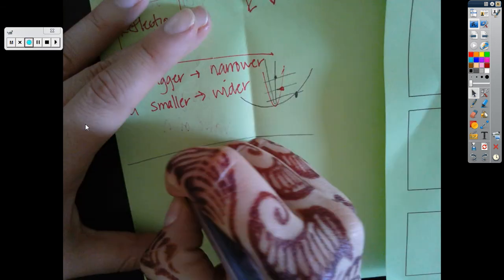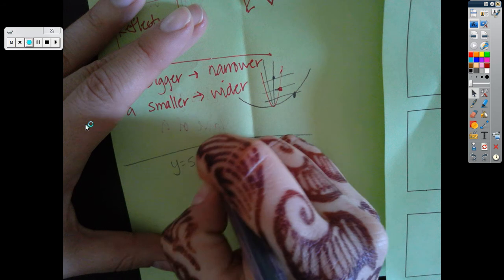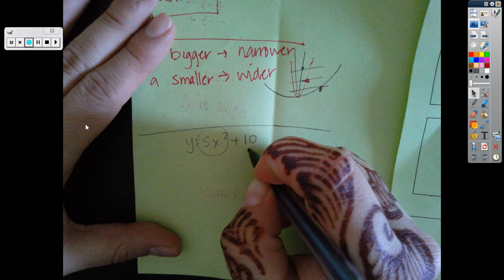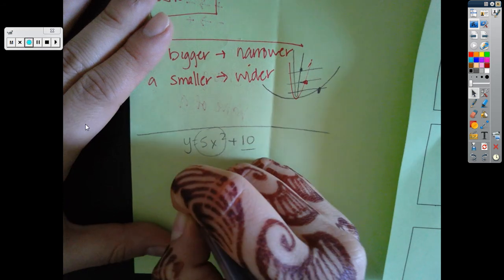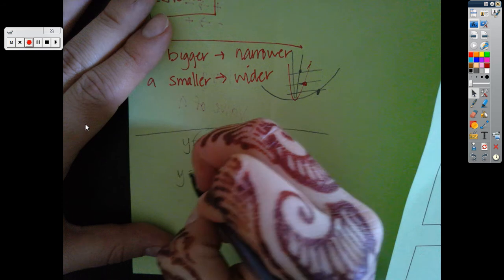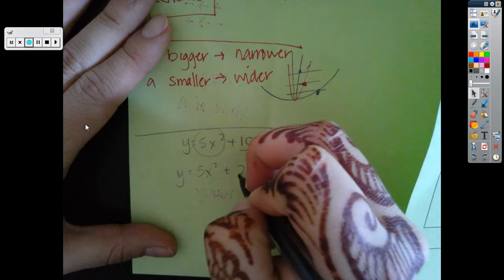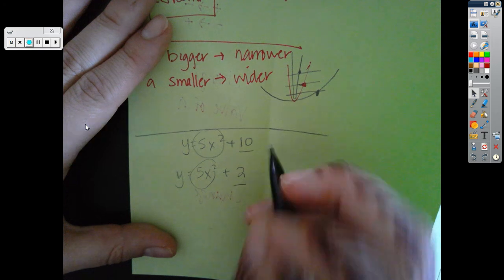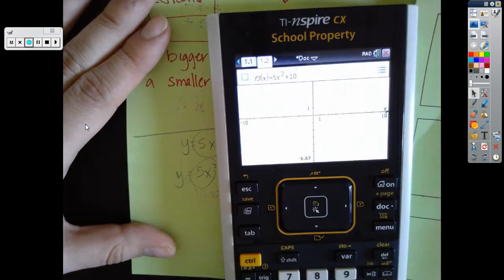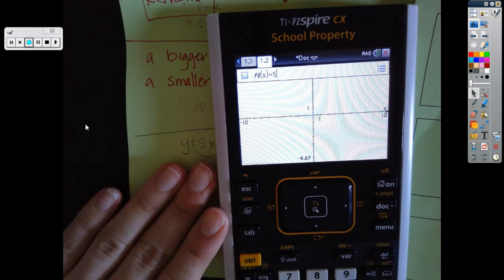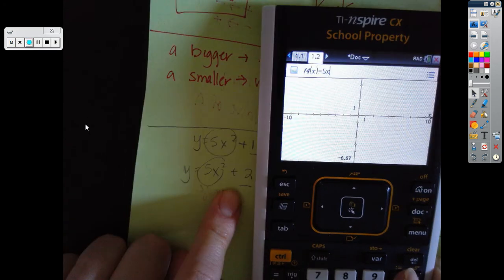I circle, there's no x, so no squiggly, I underline. Let's change that c to something smaller, maybe like 2. This is the only one that's different. So press enter on the first one, press tab, type in the second one, 5x squared plus 2.